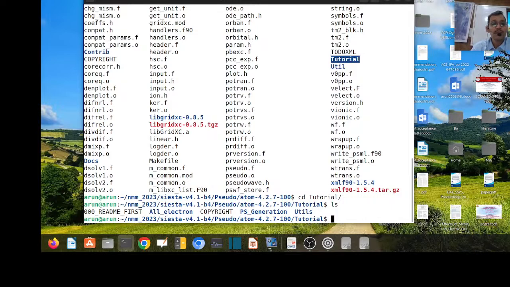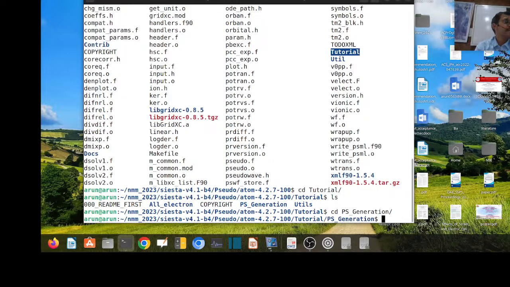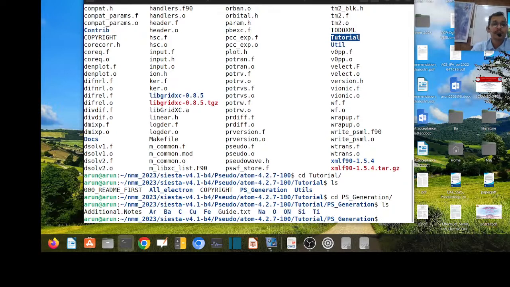Let us now understand these. I am not talking about the all electron, but first of all let us go inside the PS generation. It contains some examples for argon, barium, carbon, copper, iron, sodium, oxygen, silicon, and so on.